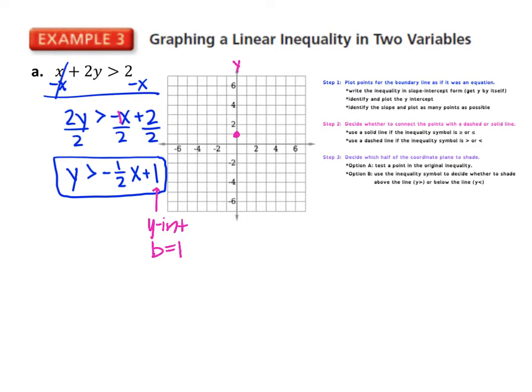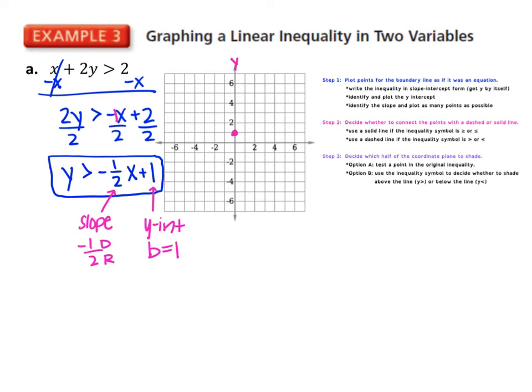Then I need my slope, which was negative 1/2, which means I go down 1 and to the right 2. Down 1 to the right 2. Or the complete opposite, it could be up 1 and to the left 2. I want to fit as many points as I can on that graph, so I get an accurate line, but also so that I make sure I go all the way across from one side to the other when I connect those.